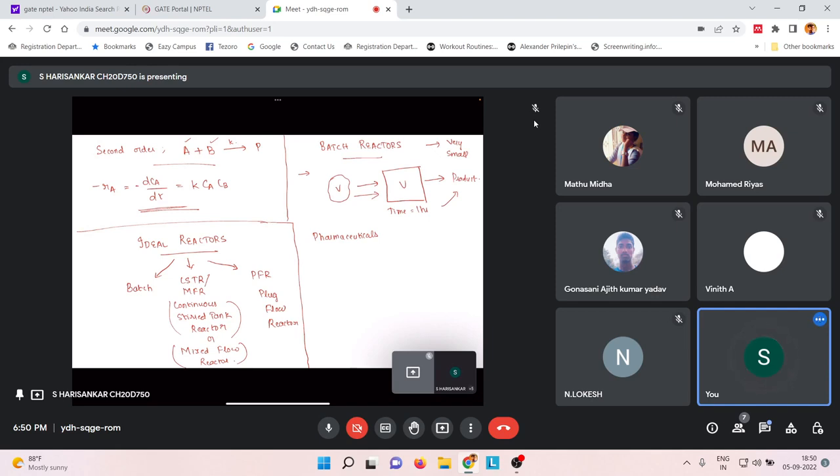Let us move on. So we have a batch reactor with the volume V. Let's say Na is the number of moles fed into this system. Let me just redraw this.